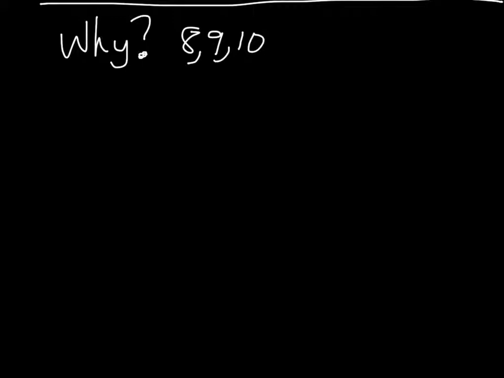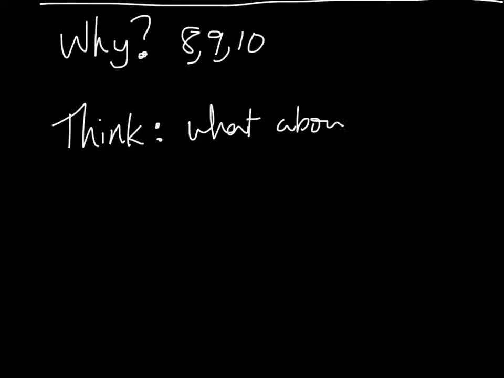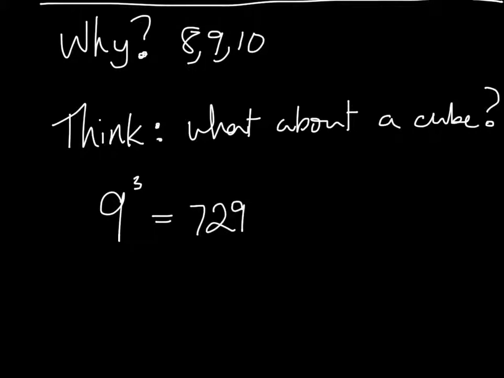Remember how I told you, in any case like this, think, what about a cube? I know that 9 cubed is 729, because I just happen to have that memorized.